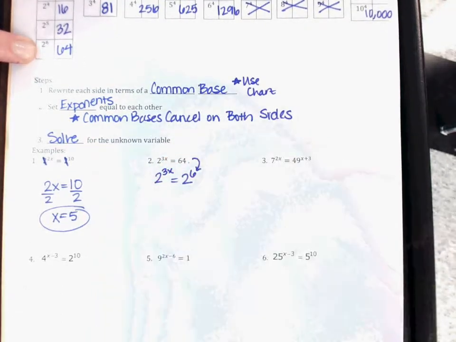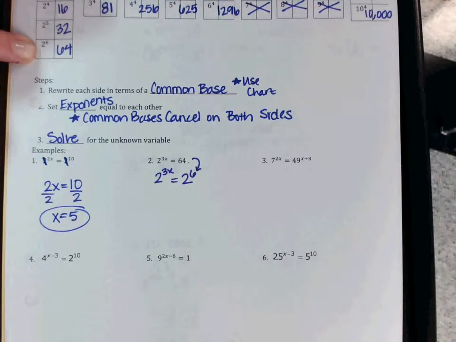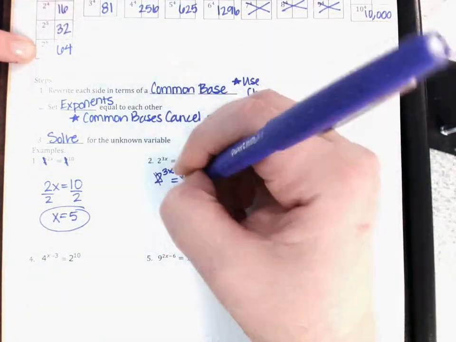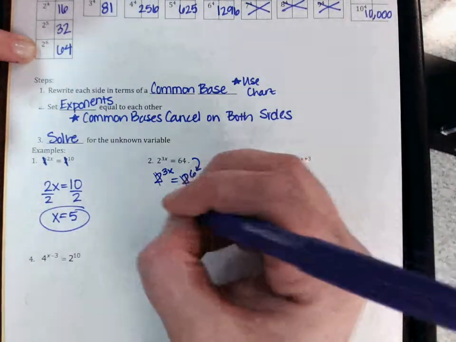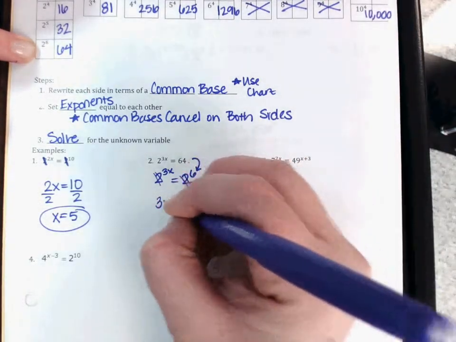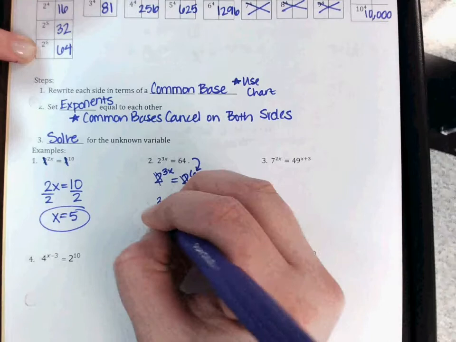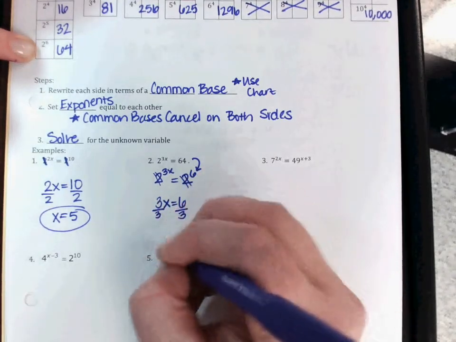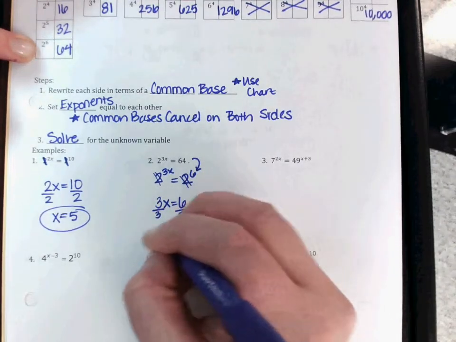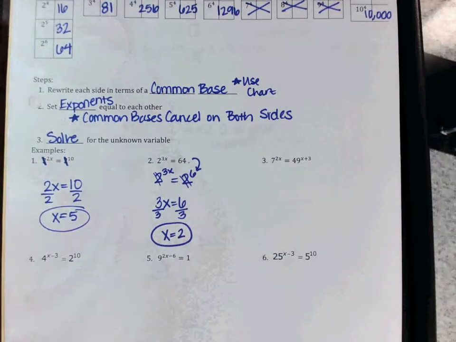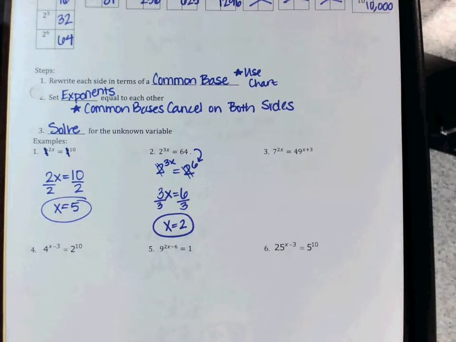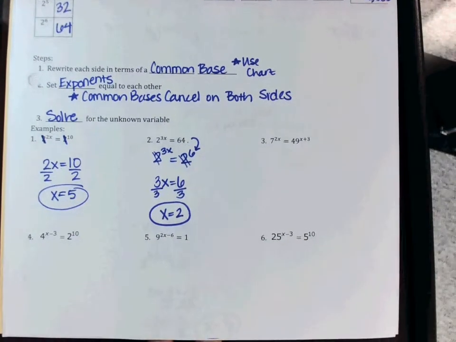And I'm going to convert that using my chart. Cross out the common 2's. So 3x must then equal 6. Then divide by 3, x is 2. Okay? So you're going to get a common base using your chart. Cancel out the common base, set the tops equal.